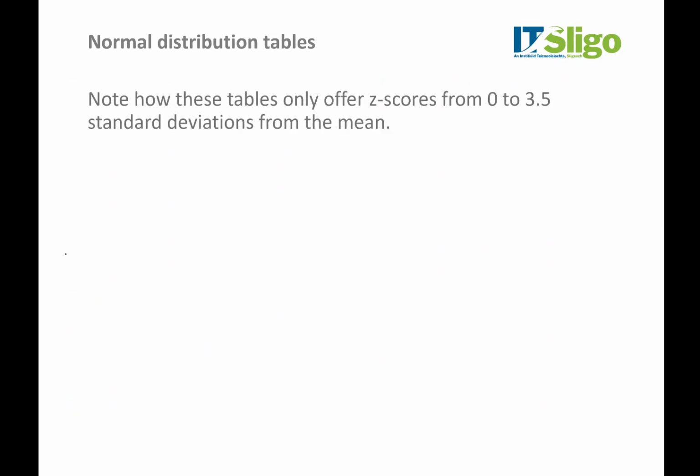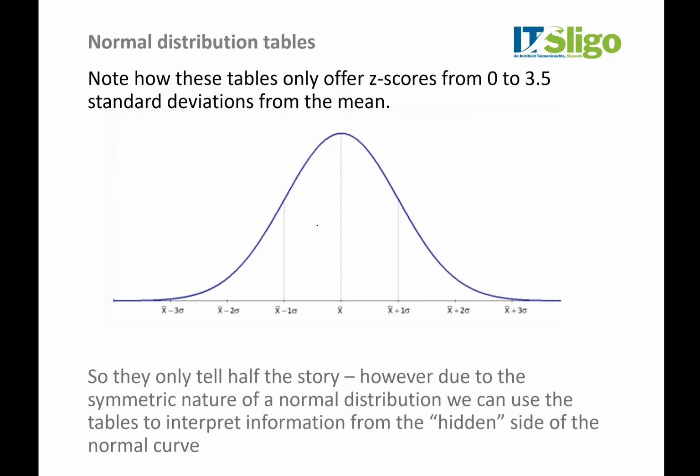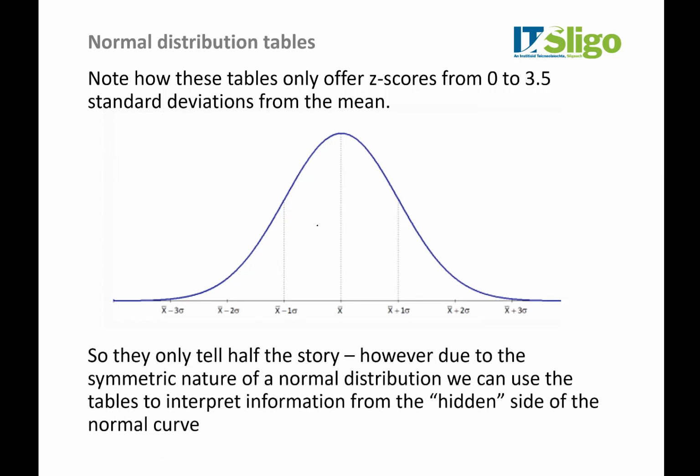So it just requires a little bit of skill and manipulation to figure out any information on this side of the curve. Any values below the mean, if we're interested in those, we just have to employ a little bit of analysis. And we will be doing that in this lecture, looking at negative z-scores.